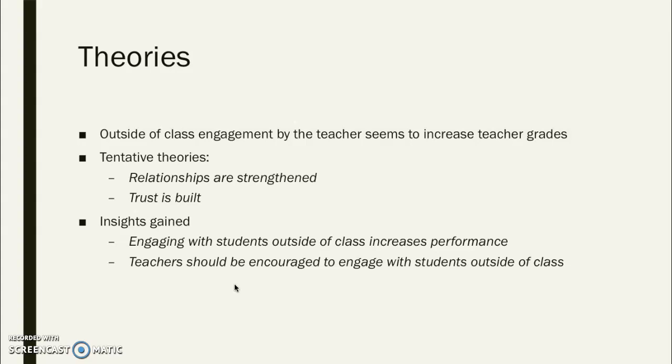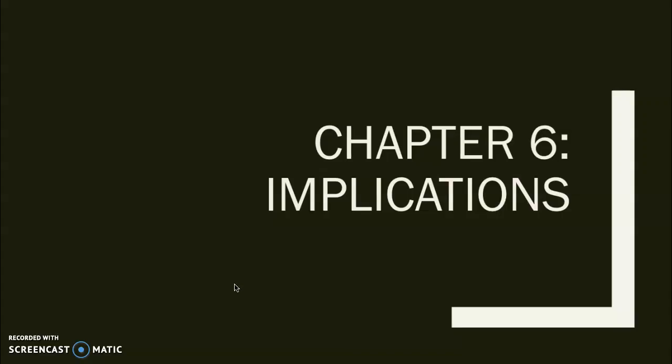And since engaging with students outside of class tends to increase their performance, I think teachers should be encouraged to engage with students outside of class. There should definitely be things put into place that encourage that outside of class engagement. And I'll talk about those further in Chapter 6, which is my chapter on implications.